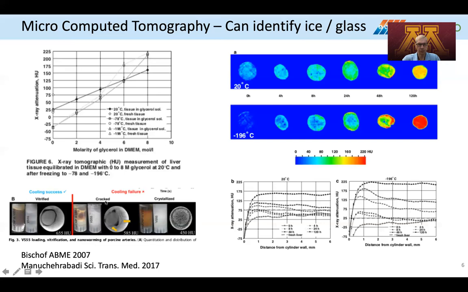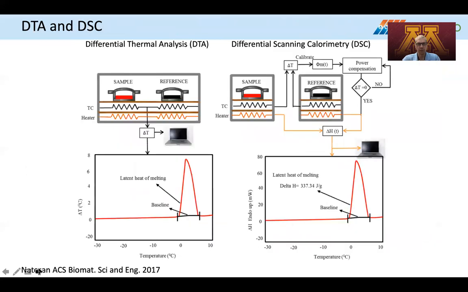You can also see whether you're cracked or crystallized. These things will show up with micro-CT. You can also use differential thermal analysis, or DSC, differential scanning calorimetry. In this case, you're looking for a crystallization event, in this case a latent heat of melting, in a sample versus a reference container.